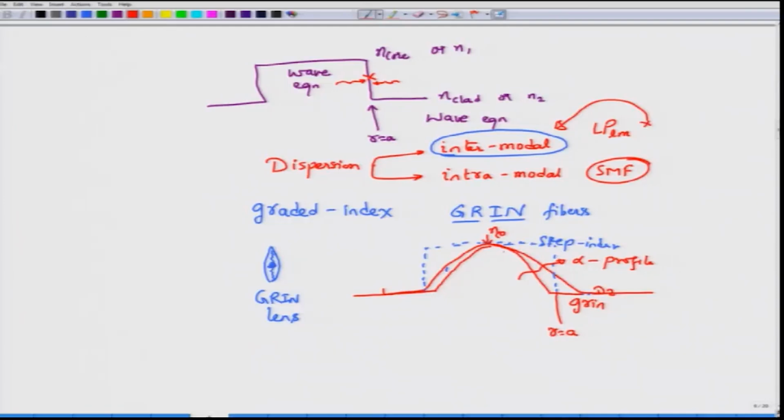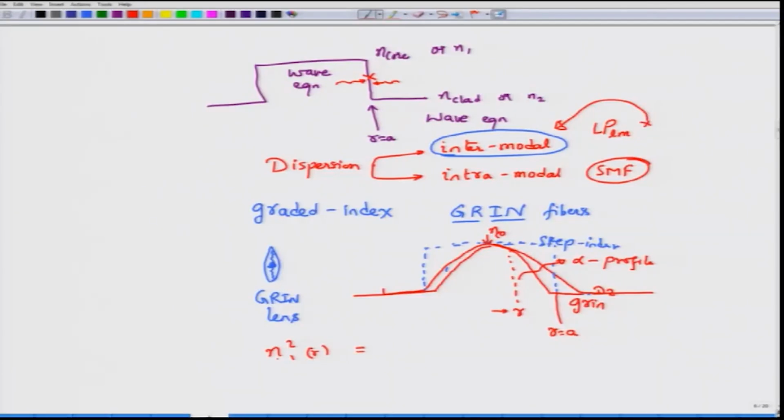The refractive index, as you can see, is not constant at any distance r inside the core. Of course, in the cladding we are assuming it to be constant. You can write down the equation for the refractive index in the core, which let us call N1 square, and we will make it a function of r to explicitly show that.